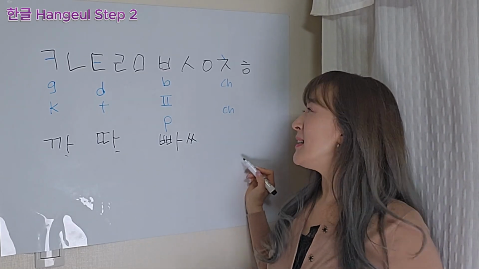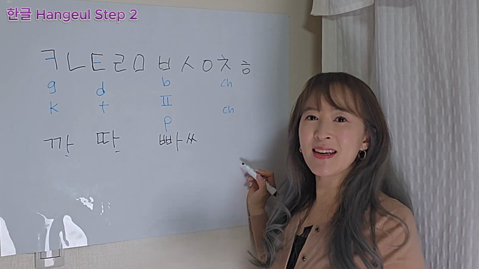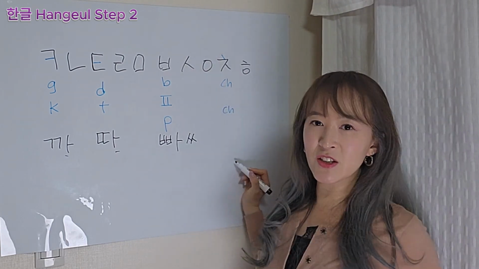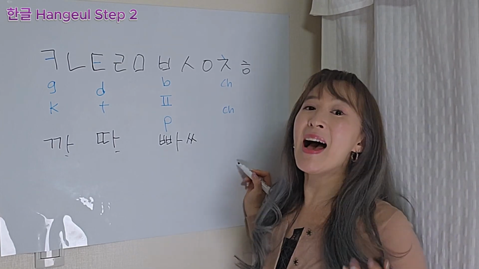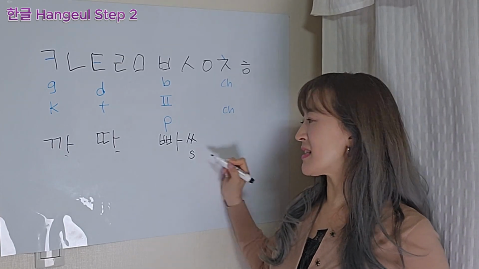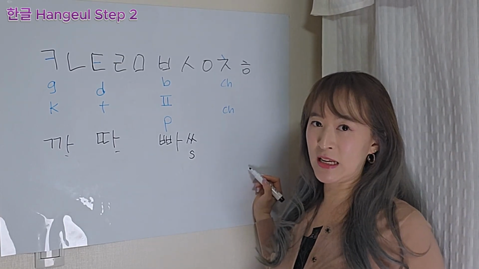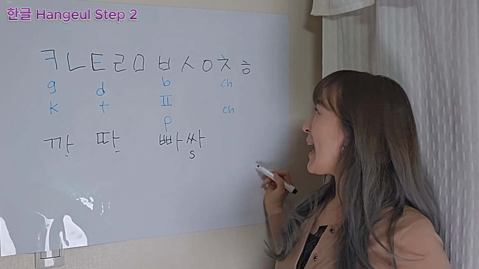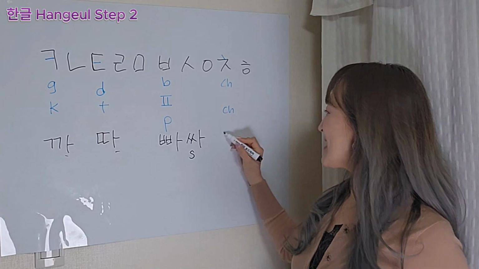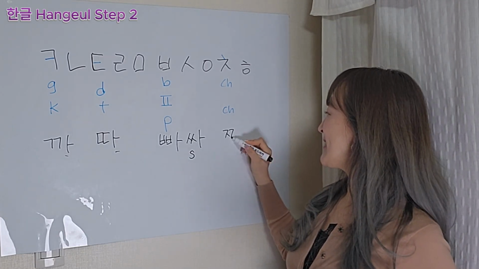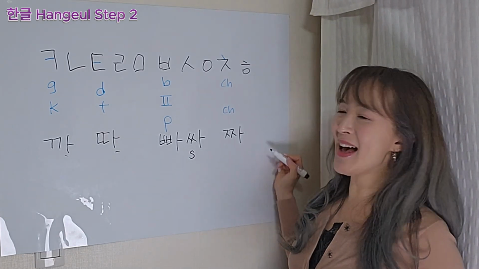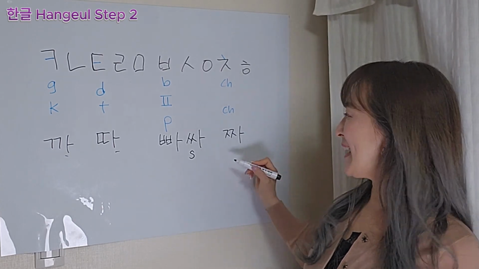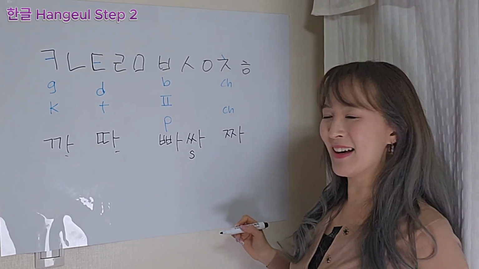Can you guess? So we're making a double consonant sound. So this is sa. This is similar to the S sound in English. So sa, sa. And the last one we have is 쌍지읒. With a, 자, 자.